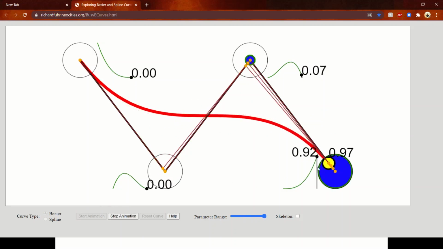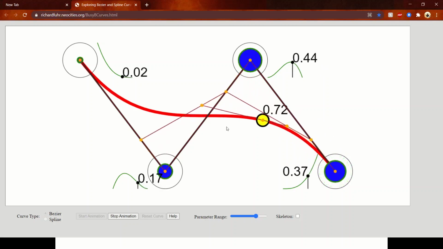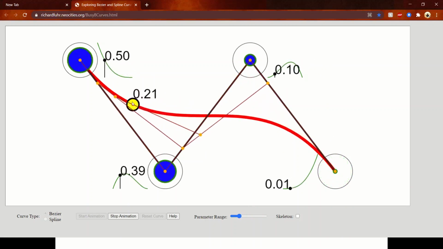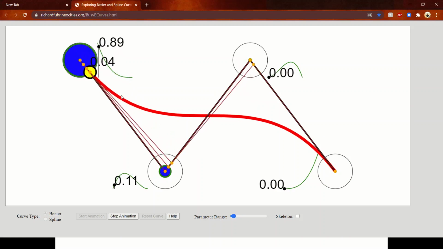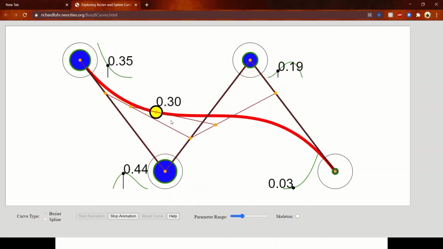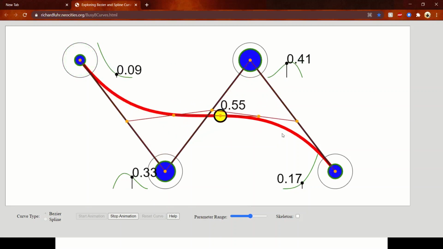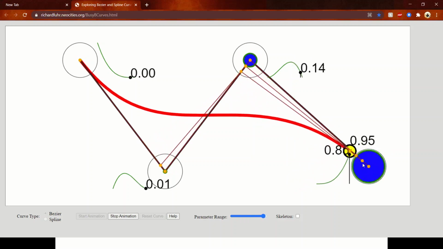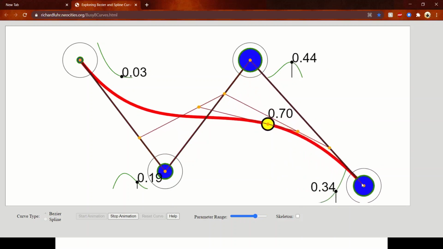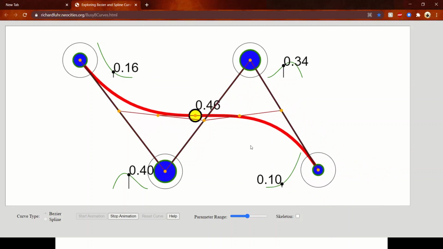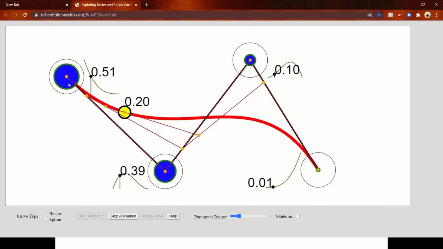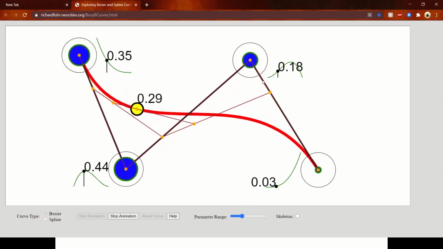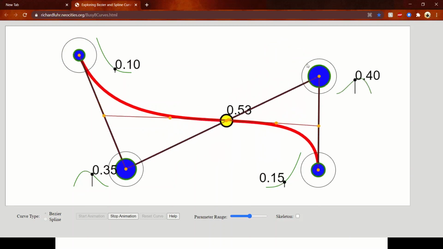Here we can see that as the parametric value moves, the control points become stronger. That means as we move the control points, the shape of the curve will be changing. With each change in the control point, the shape of the curve will change.